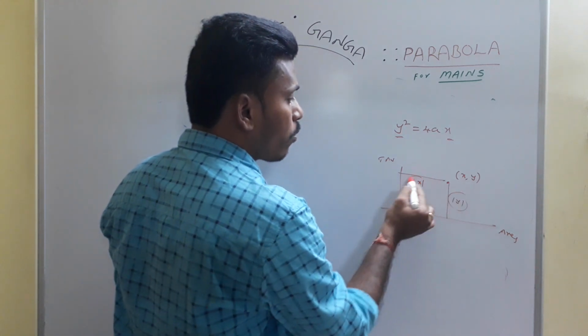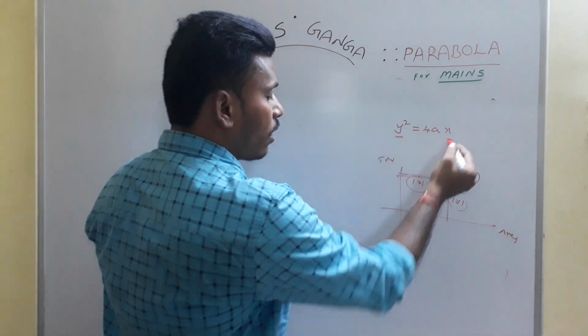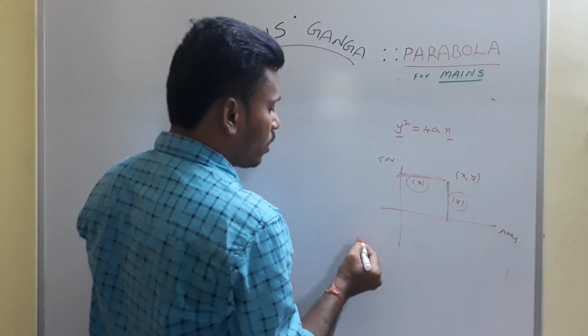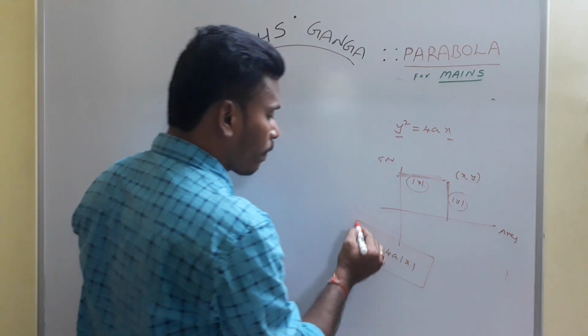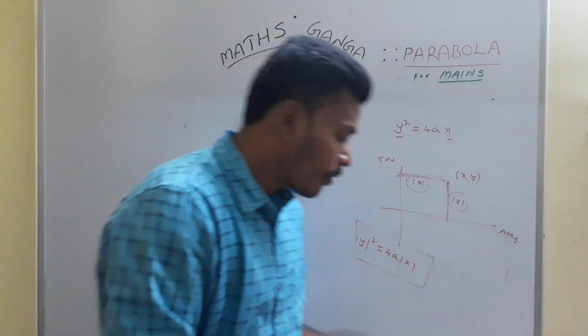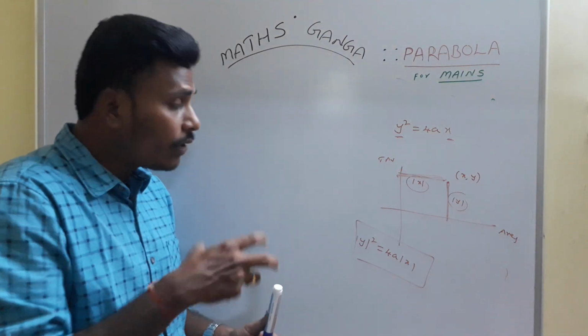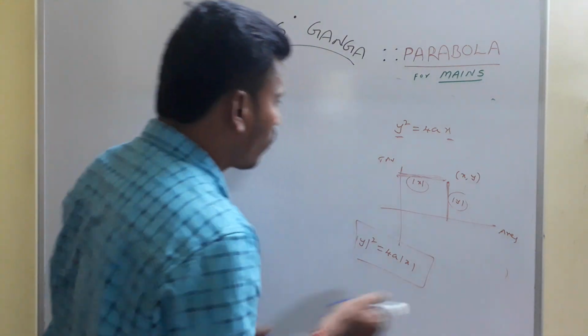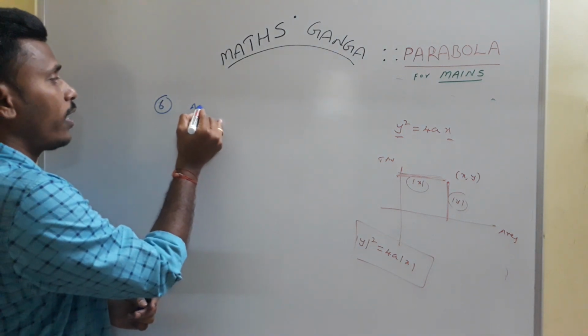So based on these perpendicular distances, the equation of the parabola is nothing but mod y square is equal to 4a times mod x. With this basic idea, after having the axis and the tangent at the vertex, we will find out the equation of the parabola. So the sixth one is the axis and the tangent at the vertex form.